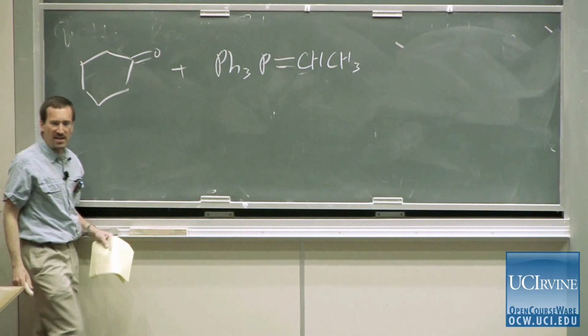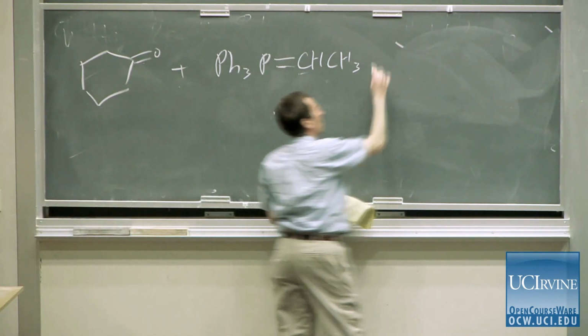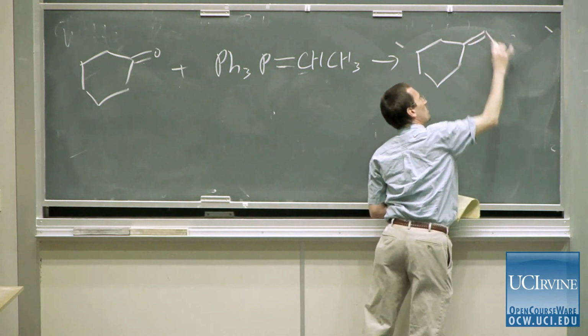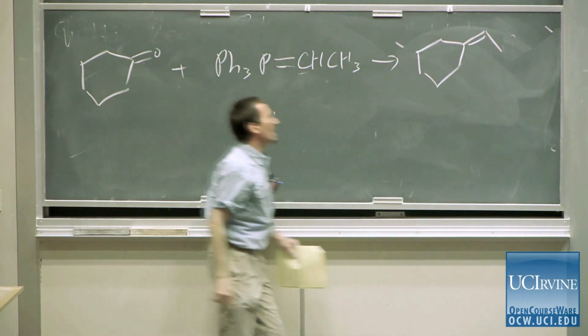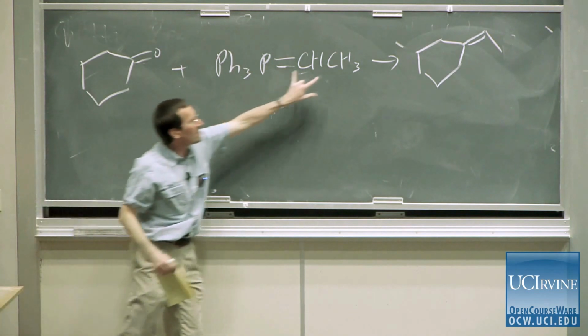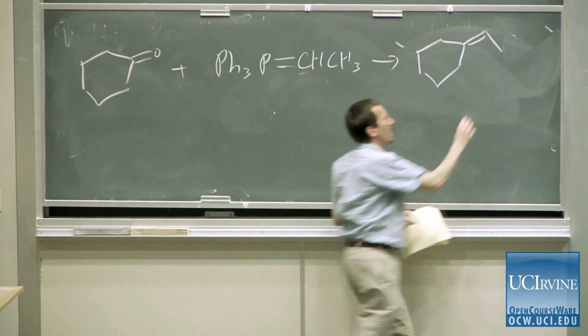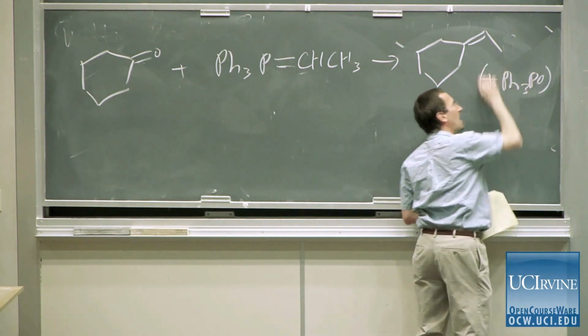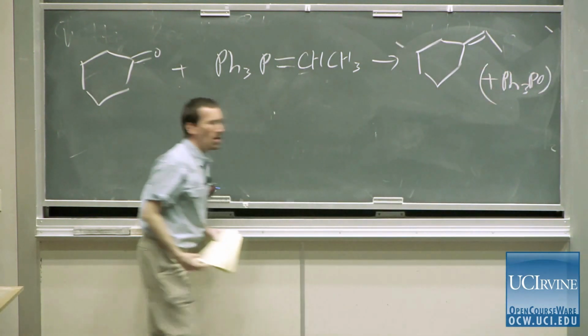If I mix the phosphorus ylide and cyclohexanone, this is the phosphorus ylide derived from ethyl, so I get the ethylidene compound. I've added in these two carbons, and the other byproduct of the reaction is triphenylphosphine oxide, like so.